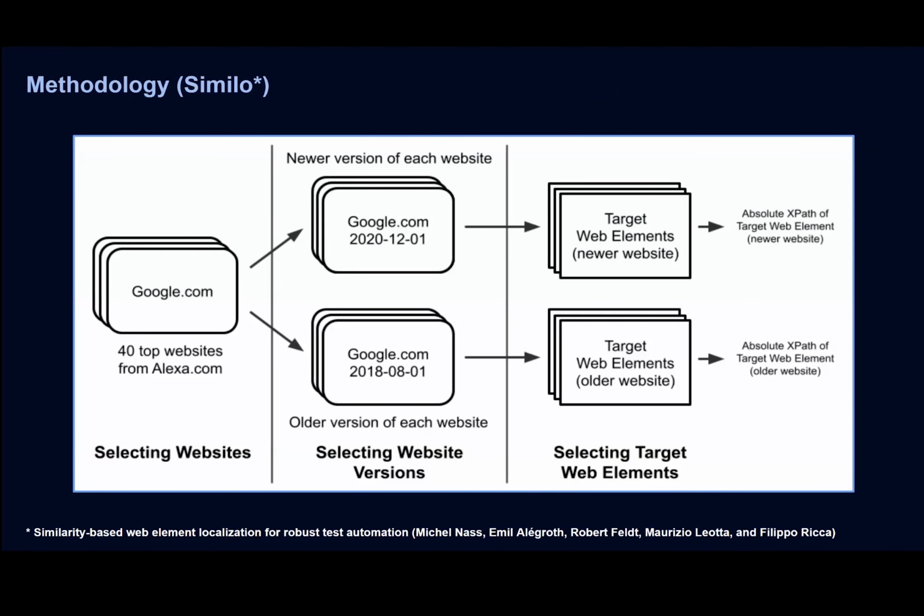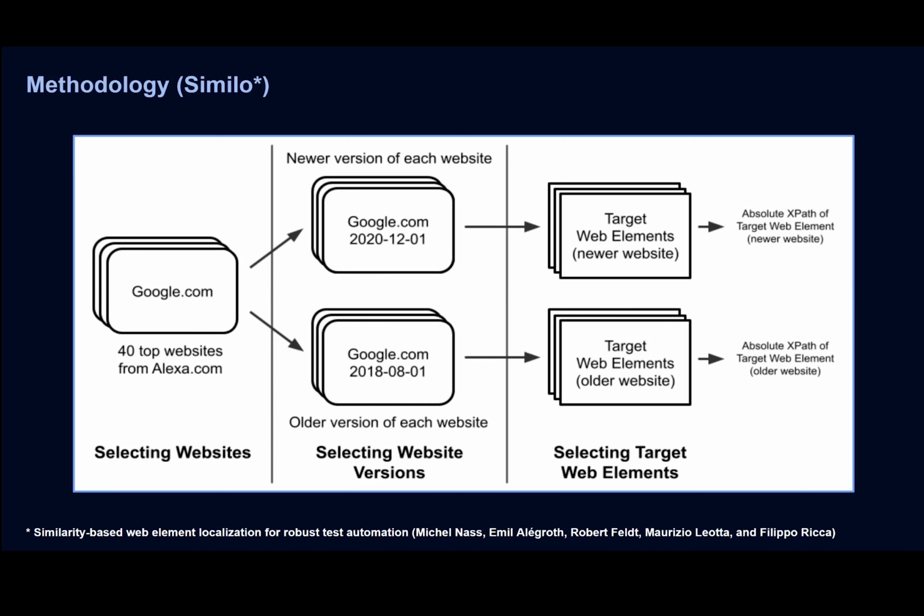So how did we do this? Yeah, the methodology for it: we selected 40 websites, the 40 top websites used in the US, listed on alexa.com. And we took 2 versions using the Wayback Engine. Have you used it? Yeah, it's good, but it's really slow and unreliable. We have had a lot of problems with it because of the slowness.